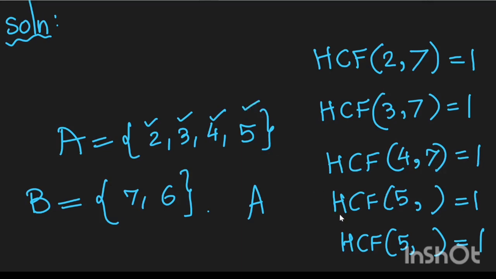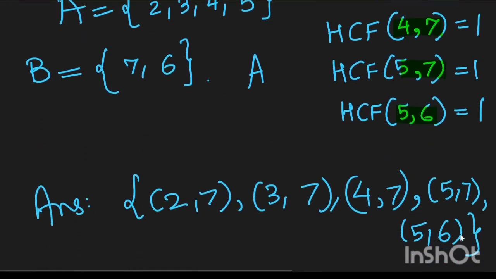Now it's a turn for 5. 5 we will put here. If you put 7, you will get HCF 1. Even if you put 6 also, you will get HCF 1. The common factors are 1 only. So as you can see here, how many ordered pairs are satisfying? 1, 2, 3, 4, 5, which is the answer in ordered pair form.